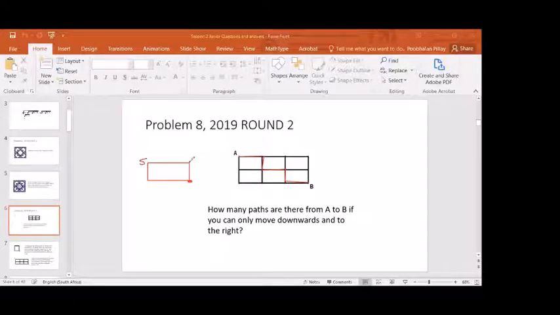And suppose I somehow figured out how many paths there are from A to this point. Suppose we know the number of paths from A, that A there we're talking about, to this point.